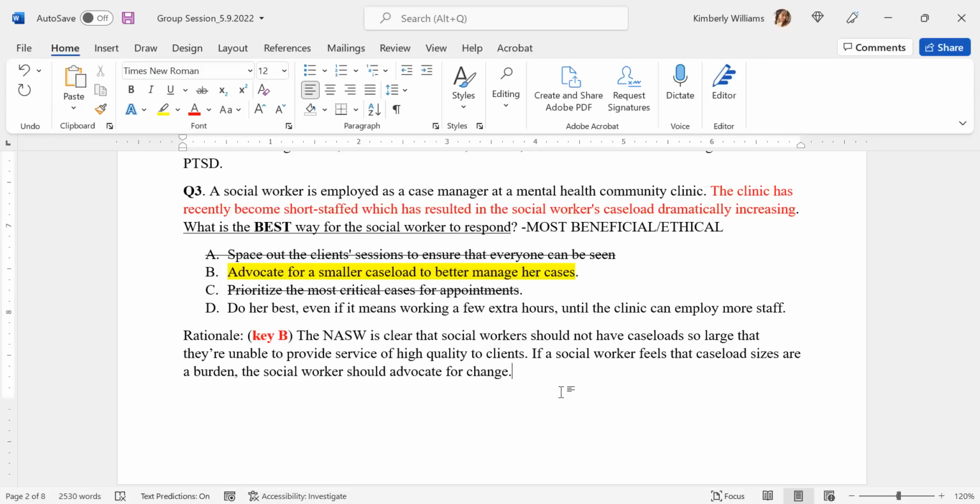So I have a question. Since you said that they just updated the code of ethics, will the updated version be reflected on the exam? Oh, well, when I say just, that was 2021. So the last update that I know of is 2021, and yes, it's being reflected already in here. Self-care is already on there, though it's probably not going to be a million questions on the exam about self-care, as well as you're going to start seeing more questions revolving around technology.